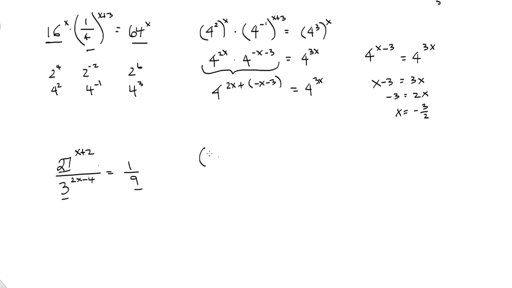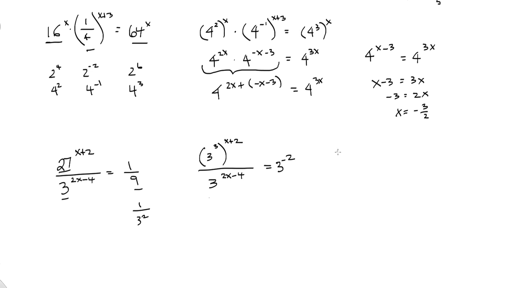So let's write them at base 3. 27 is 3 to the 3rd power, raised to the x plus 2 over, this is already base 3, so we don't have to mess with it. We'll leave it alone. And 1/9 is 1 over 3 squared, so that's 3 to the negative 2.